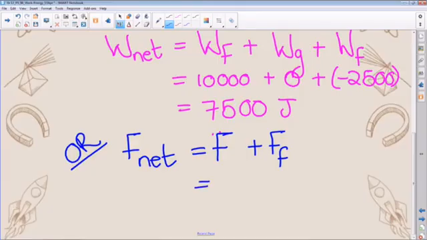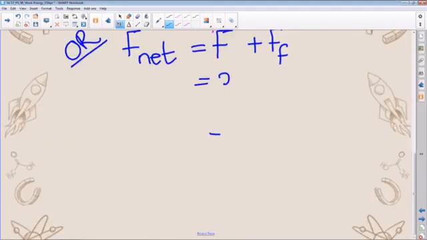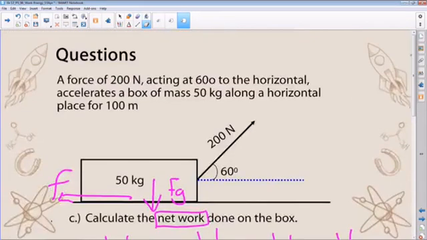My applied force was, hopefully somebody said, well, hang on, wait, Josie. I was about to put 200 there, and I'm hoping somebody was like, no, that would be wrong, because remember, your applied force is at an angle.